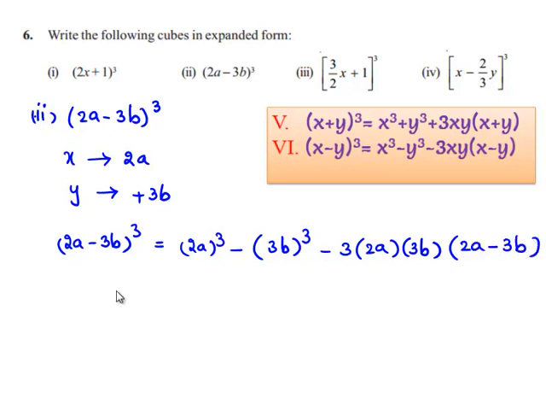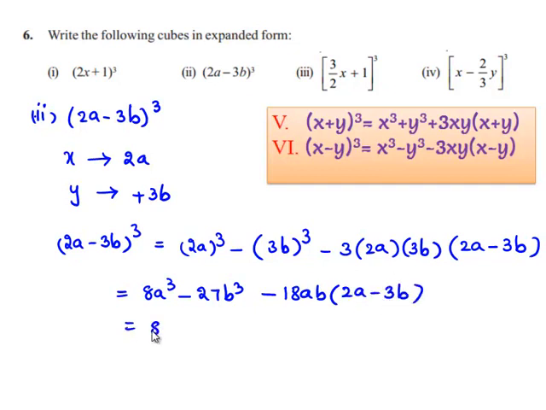So we know that (2a) whole cube is 8a cube and (3b) cube is 27b cube. 3 multiplied by 2a multiplied by 3b is 18ab multiplied by (2a - 3b).